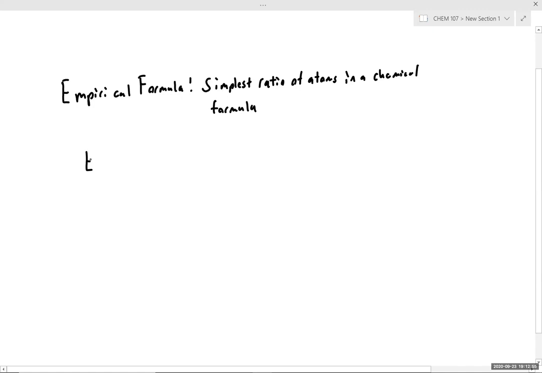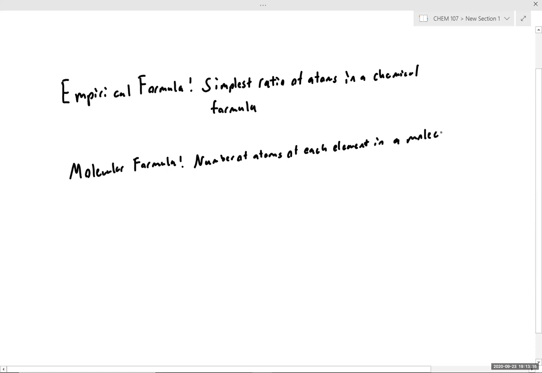So the empirical formula is different from the molecular formula, where the molecular formula indicates the number of atoms of each element in a molecule.